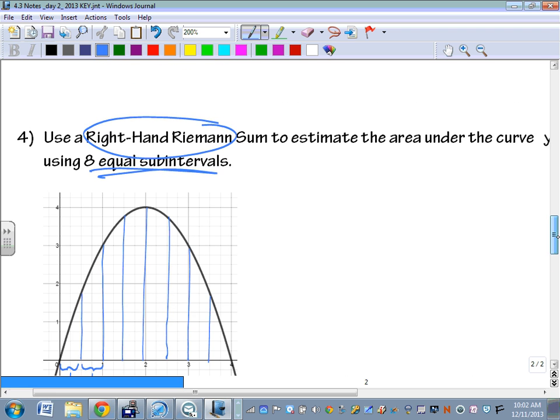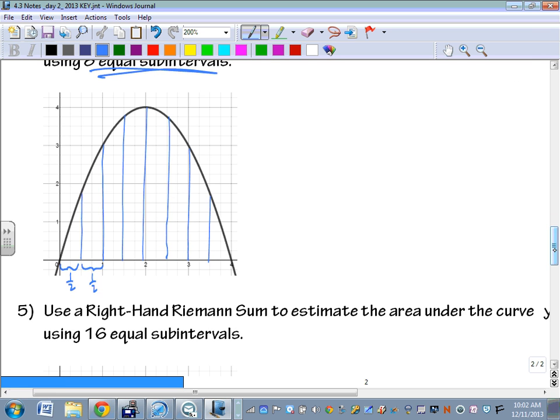And we were asked to do a right-hand Riemann sum. So the right side of each interval is where we get our height. From 0 to 1/2, when x is 1/2, we plug that in. That's 1.75. That's the height of our rectangle. From 1/2 to 1, we put 1 into the function, we get 3 out. That's the height of our rectangle.